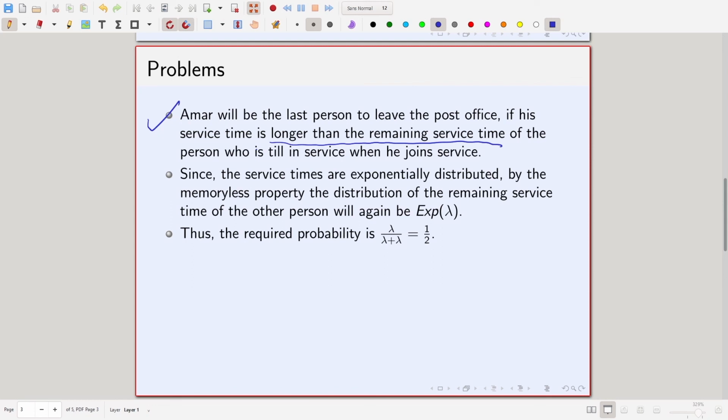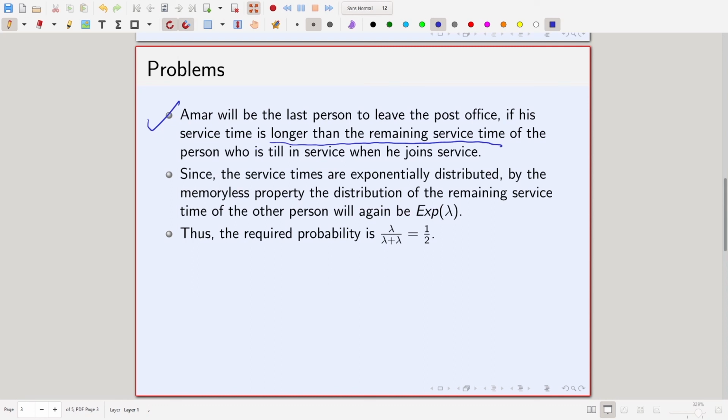If you are asked what the remaining service time is, how long will it take to complete service, the answer is independent of how long either Mr. Akbar or Mr. Antony has been served. How long he has been in service does not affect his remaining service time.